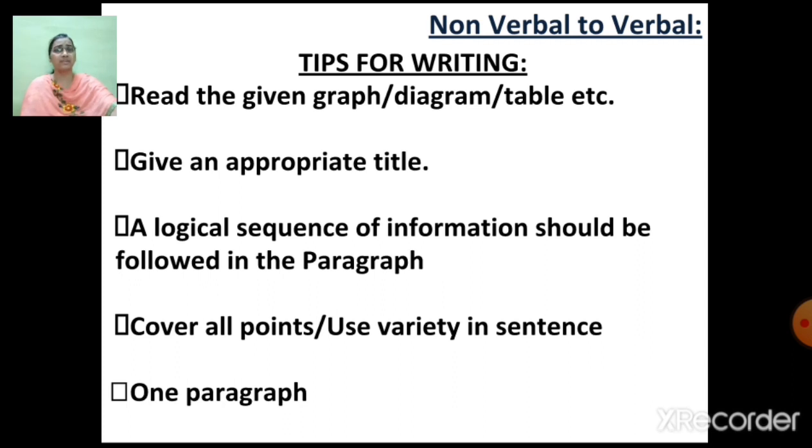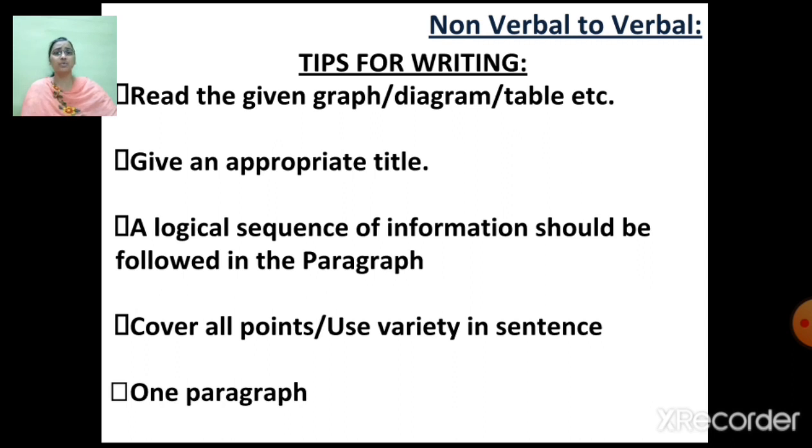Then when you start with the paragraph, the first step is to give an appropriate title. Then a logical sequence of information should be followed in the paragraph. Yes, you need to follow a chronological, proper order, right? The first two lines of a paragraph are called the topic sentence, as it lets us know what the diagram is all about.